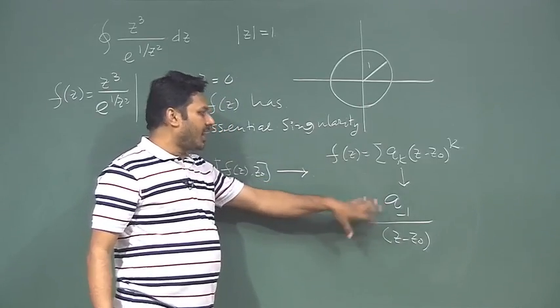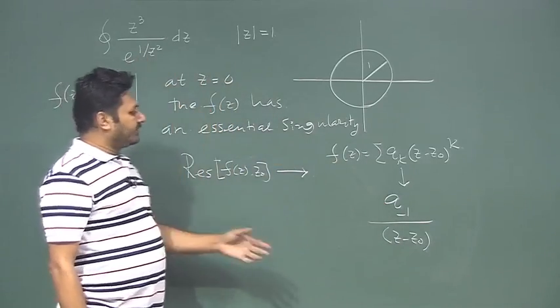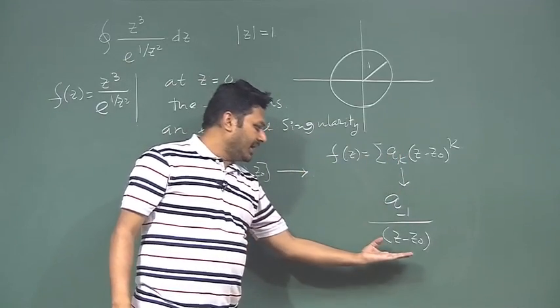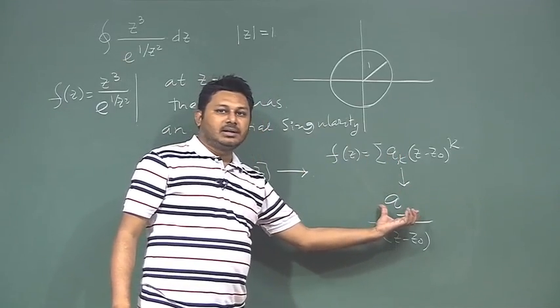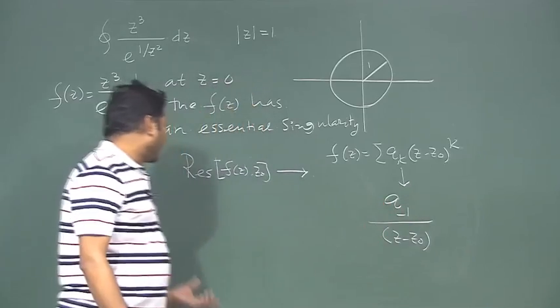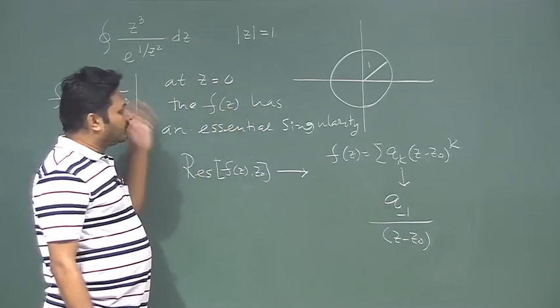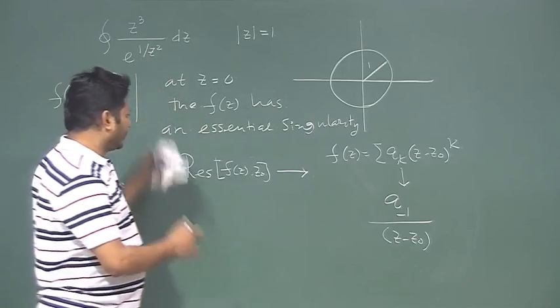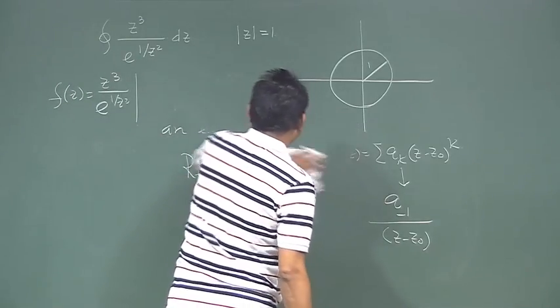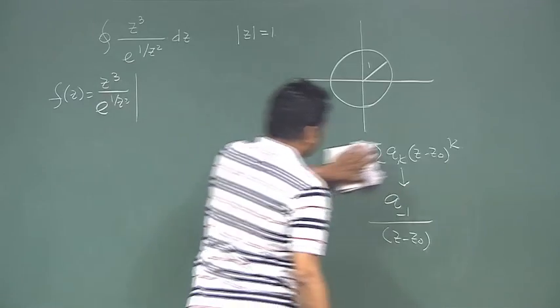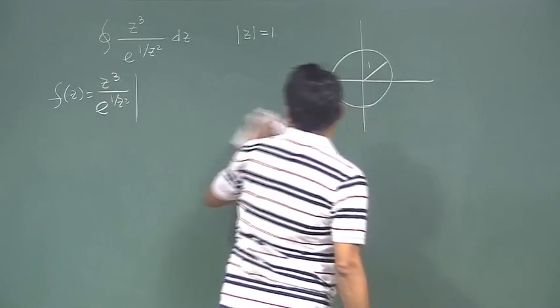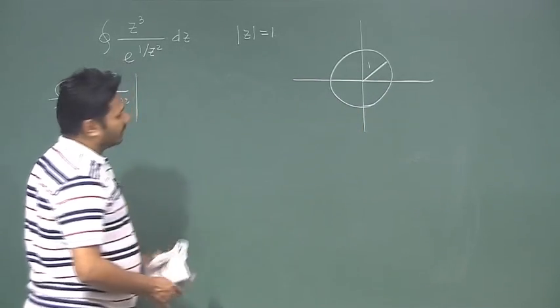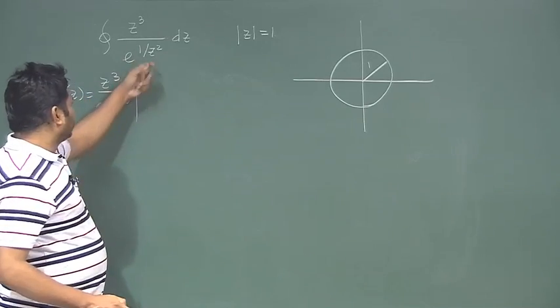If somehow I can expand this function in a Laurent series and take out this coefficient, then I am done. Then I can calculate the residue without doing all this recipe, because here the recipe is not going to work. So let us try to find out whether we can do a Laurent series expansion of this function or not.